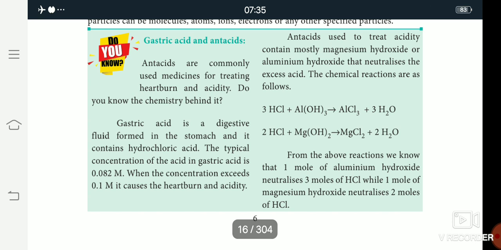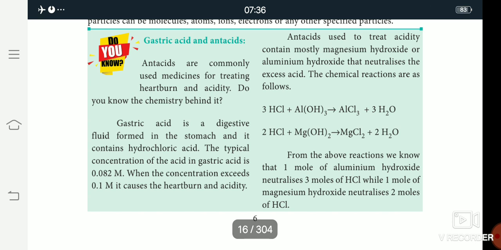So this is an acid-base reaction. In the next reaction, HCl plus magnesium hydroxide gives magnesium chloride and water. This is another acid-base reaction.